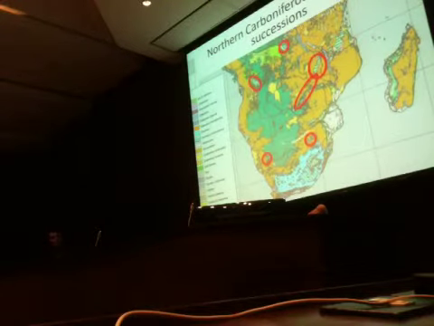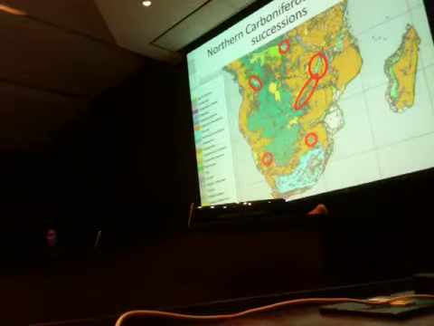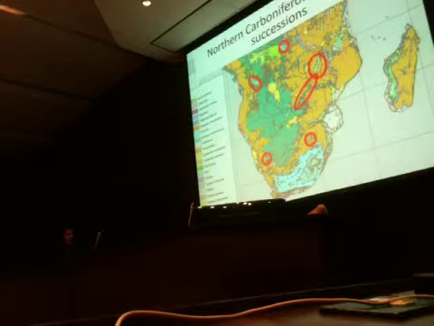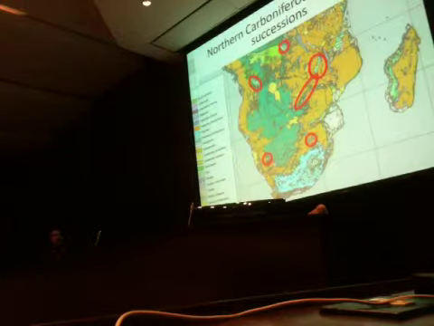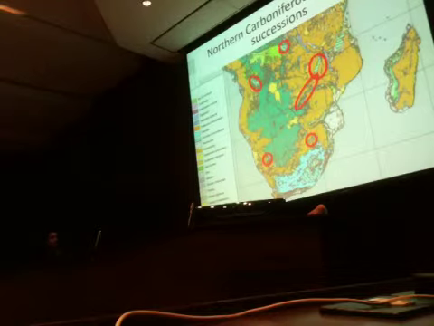Other contemporaneous basins have very similar basin fill, going from diamictites to either marine or deltaic or lake deposits. And here are some of the contemporaneous Karoo basins that have Dwyka-Ecca fill.